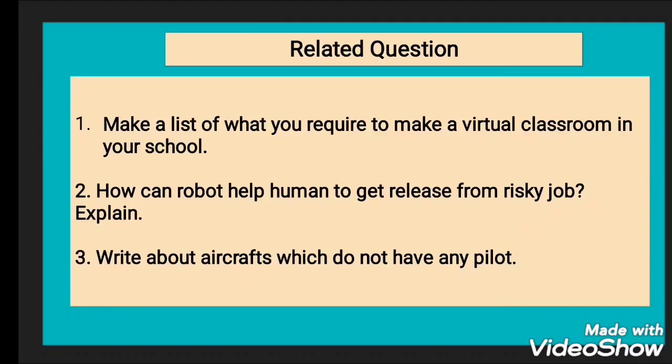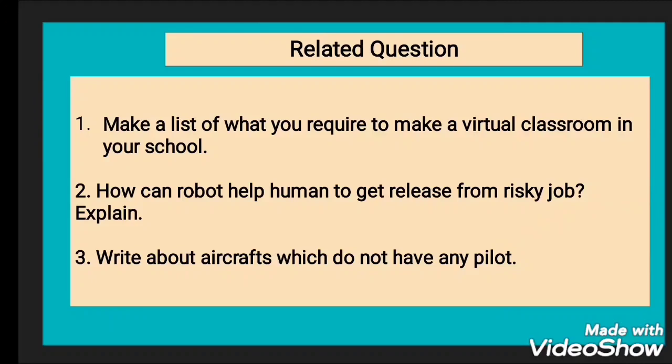So see the related questions. I think if you are attending the class or watching the video clearly, and if you read your textbook, you can realize, you can search out the answer yourself. See question number 1. Make a list of what you require to make a virtual classroom in your school.